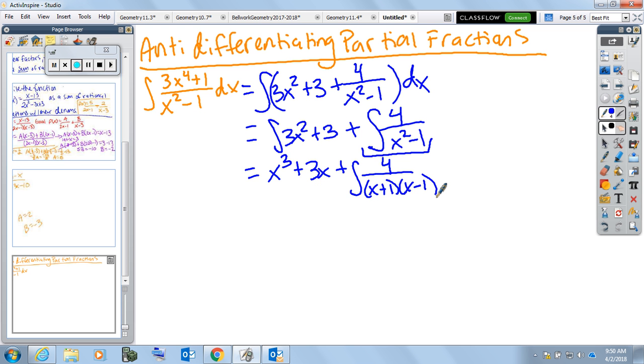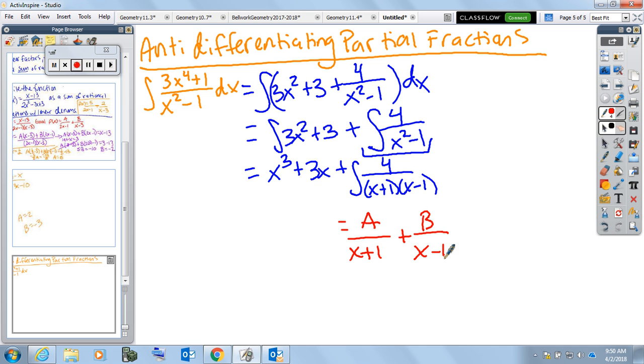Now, these two linear factors that we can deal with in this case, x minus 1 and x plus 1, we need to go ahead and find out what the values of A and B are going to be. Let me change colors here and put a little side note in. I want to find specifically that this is the same thing as A over x plus 1 plus B over x minus 1.